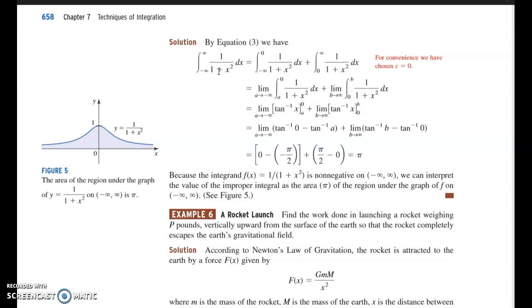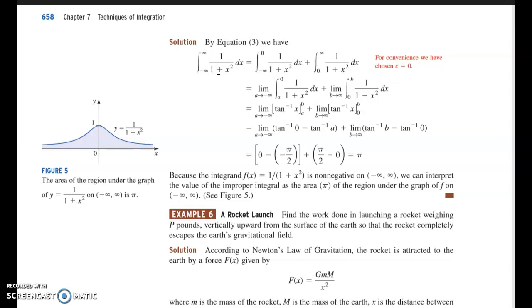Minus infinity to 0 1 by 1 plus x square dx plus 0 to infinity 1 by 1 plus x square dx. Limit a tends to minus infinity, integral from a to 0 1 by 1 plus x square dx, plus limit b tends to infinity, 0 to b 1 by 1 plus x square dx.